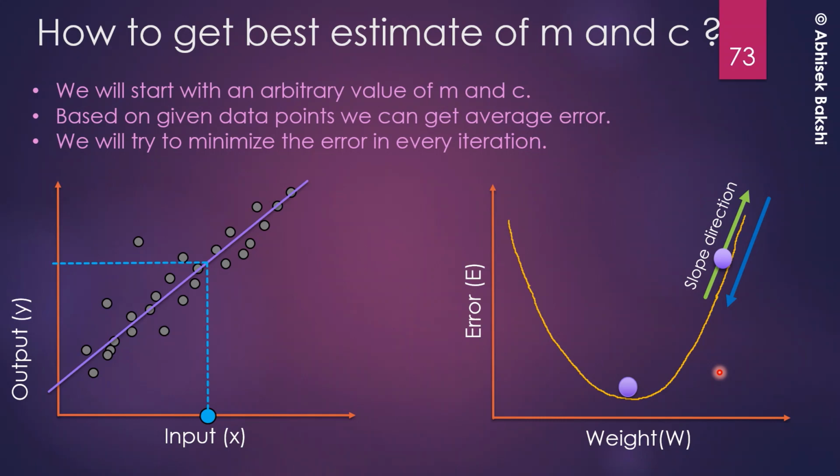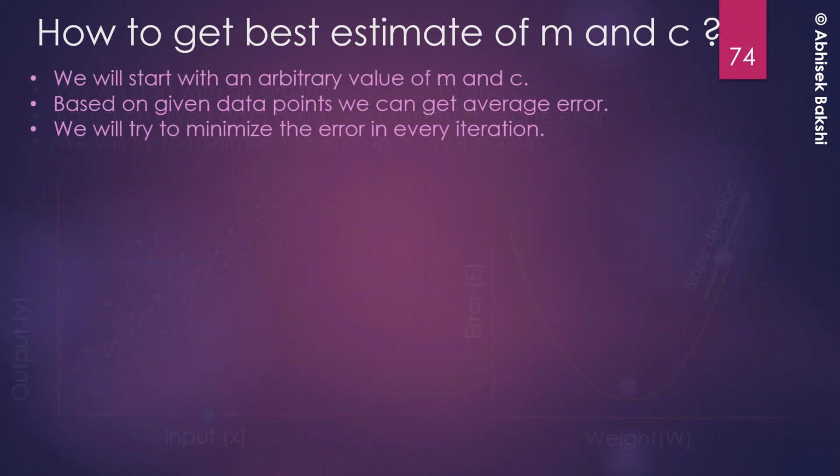So that means your error is actually going exactly opposite to the slope's direction, right? Remember this point. It will be useful when we try to derive the equation by which we are actually minimizing the values of m and c. Okay, so let's try to understand that.